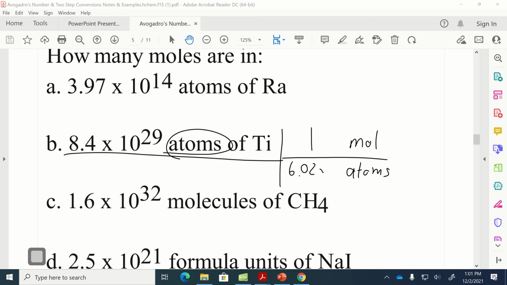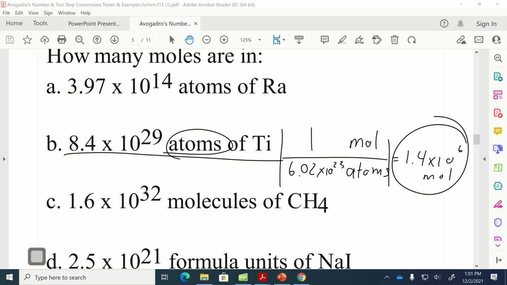Atoms is 6.02 times 10 to the 23rd. So for this one, 8.4 times 10 to the 29th divided by 6.02 times 10 to the 23rd. I'm not going to write that number out. 2 sig figs at the beginning. This is 1.4 times 10 to the 6th moles. And that is it.